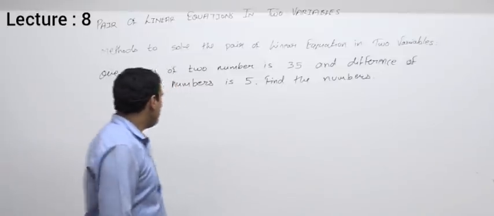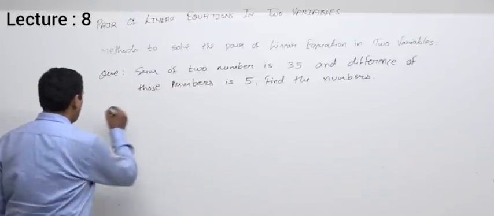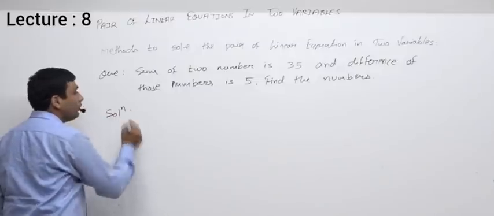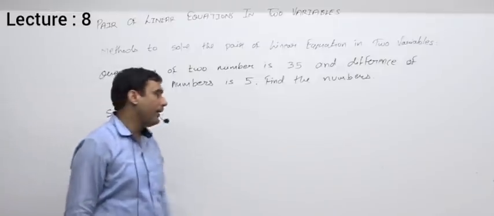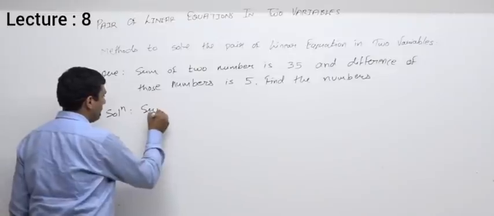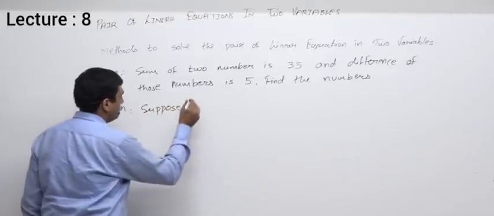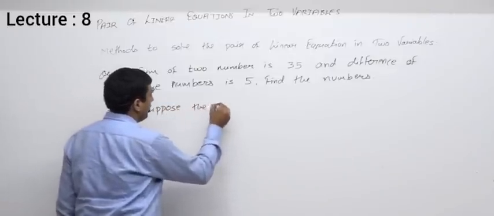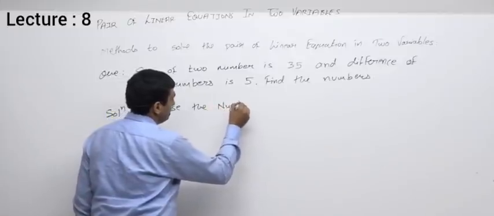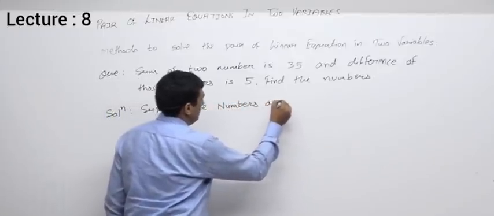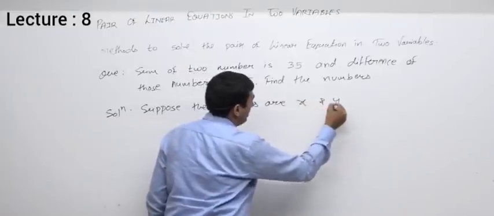We'll start the solution in that way. We'll assume those numbers in terms of x and y. So suppose the numbers are x and y.